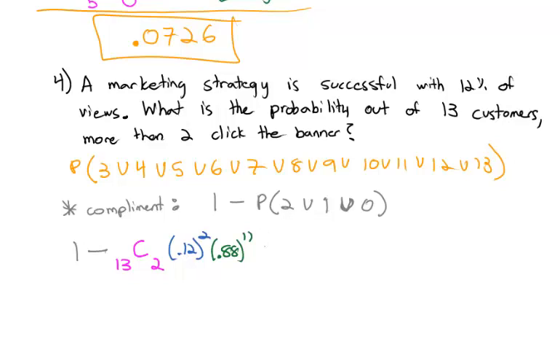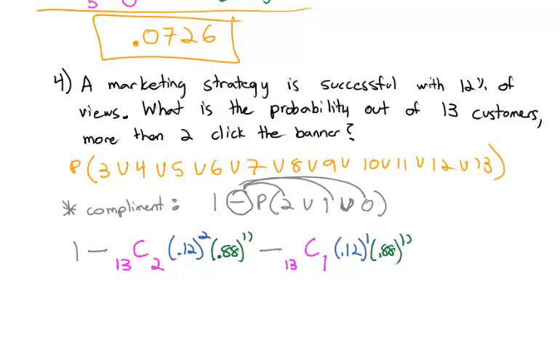And then we're going to keep subtracting. This subtraction does not just refer to the first probability. It's going to subtract the 2, subtract the 1, subtract the 0. Make sure we subtract all these probabilities off. So 13, this time we're going to choose 1 of them to be successful. Success has a probability of 12%. We want that to happen once. Failure has a probability of 88%.